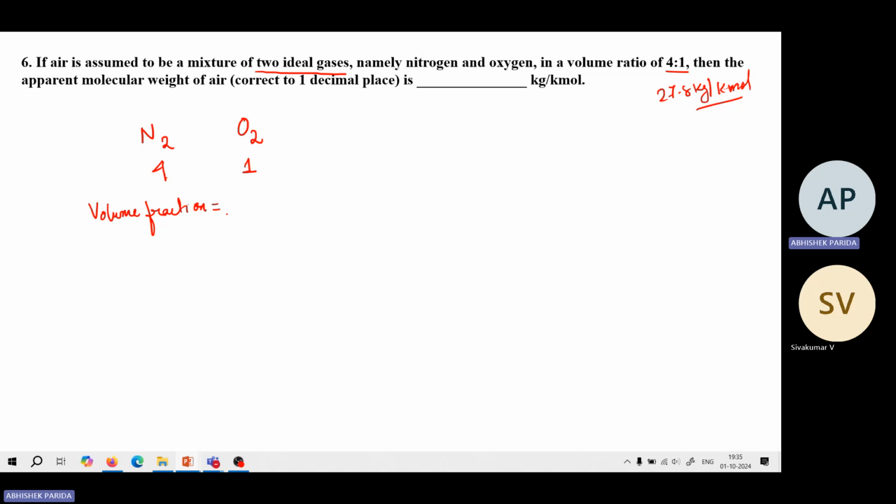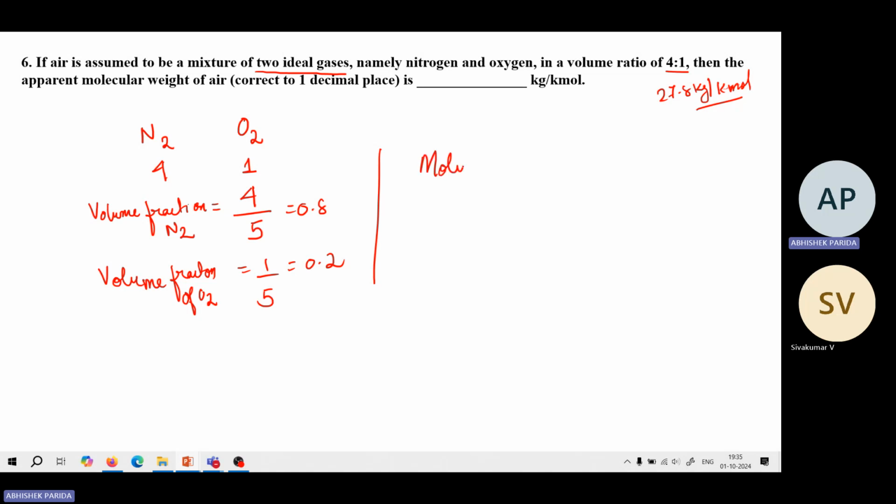How do you calculate the volume fraction? This is just like a mixture where 4 parts is nitrogen. What is the total part of the mixture? It is 5. Then the volume fraction of oxygen is 1/5. So this is 0.8 and this is 0.2. As this can be equated to the molar fraction, how do we calculate the molecular weight now?